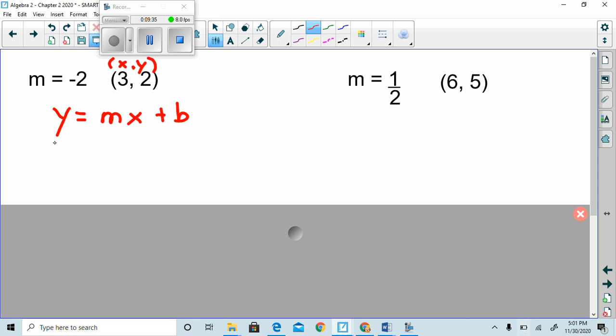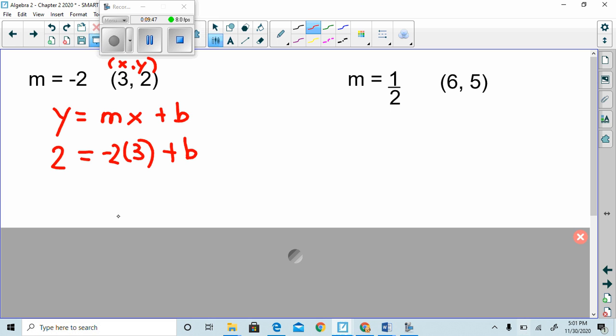M is -2. So y, which is 2, equals -2 times 3 plus b. 2 is equal to -6 plus b. Let's add 6 to both sides. And I get b is equal to 8.